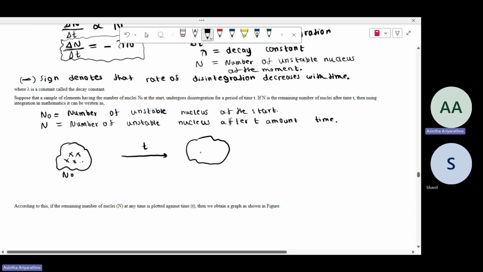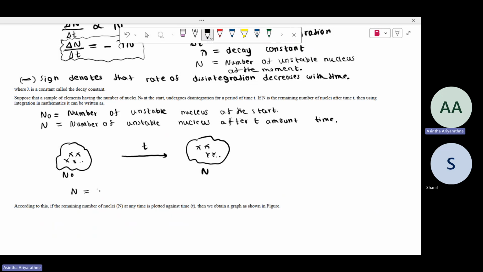Now we have a sample having both stable and unstable elements. Here N denotes the number of unstable elements after t amount of time. This can be proved using a mathematical way, but it is not needed.